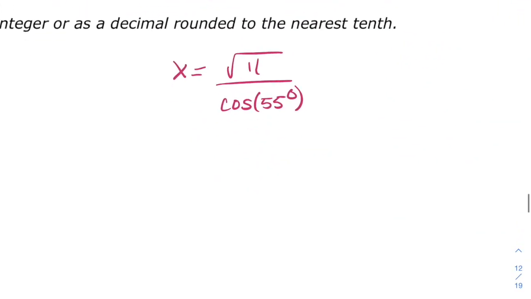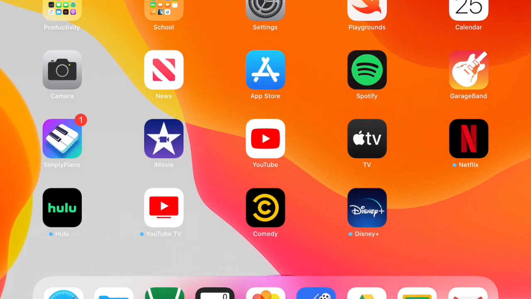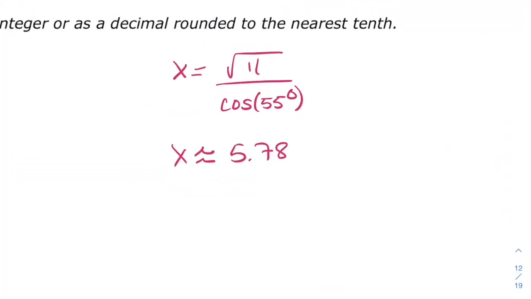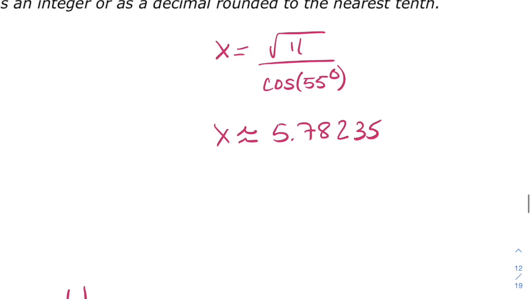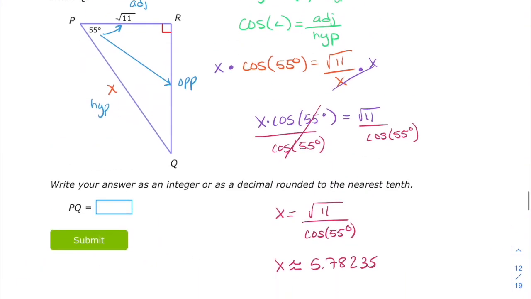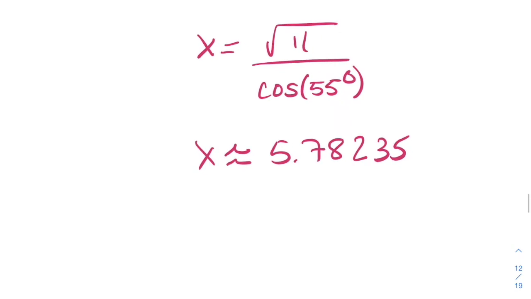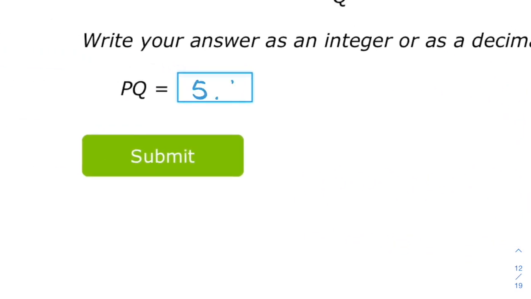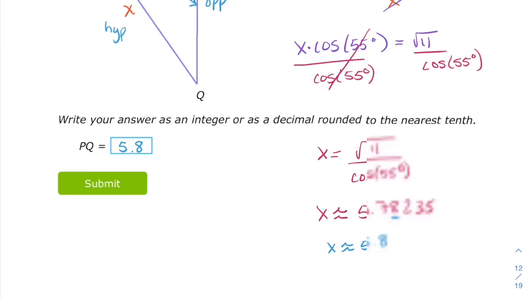X approximately equals 5.78235. And what we do want to do is round. So that 8, it's to the nearest tenth, so it's going to be 5.8. It's going to round it up to 5.8.